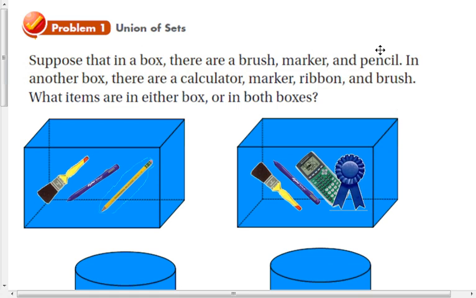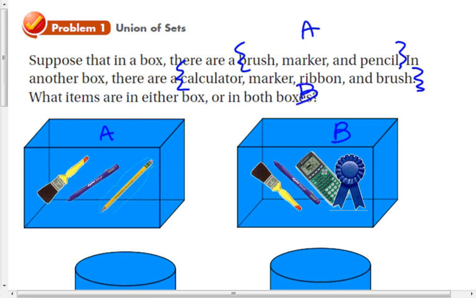Okay, one thing I'd like to point out here is that let's just call this the brush, the marker, and the pencil, set A. So that's box A. And then the other set, we'll call that B. That's this set.